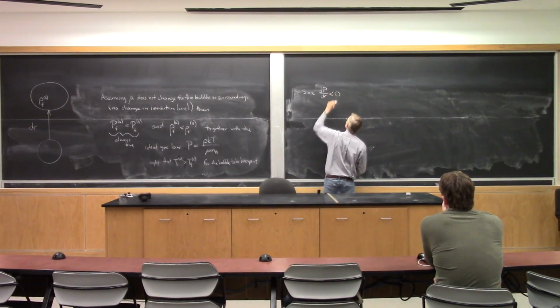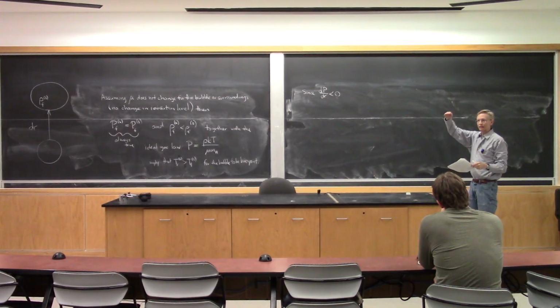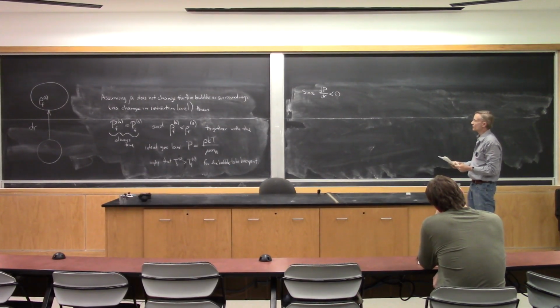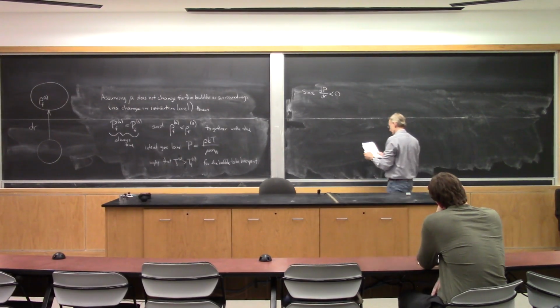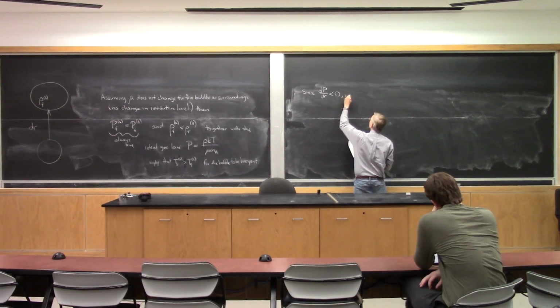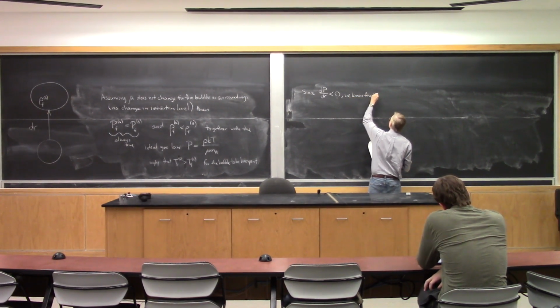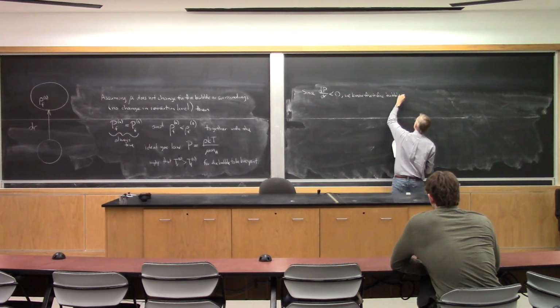Since dP/dr is less than 0, in other words, the pressure drops as you get higher and higher in the star's atmosphere, and r is distance from the center, increasing upward. So since dP/dr is less than 0, the pressure is lower higher up, then we know that the bubble expands, right?